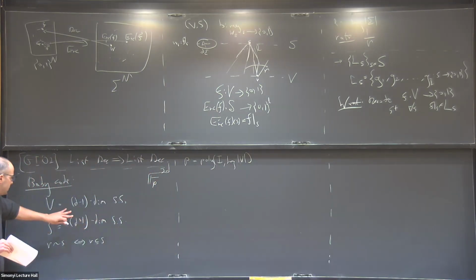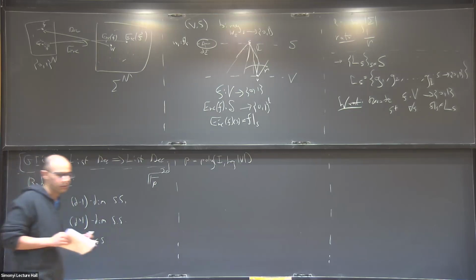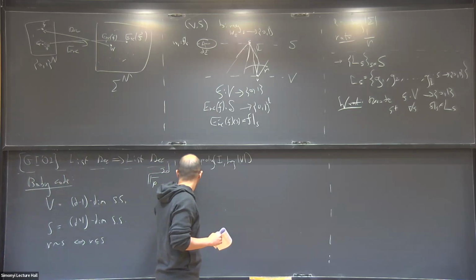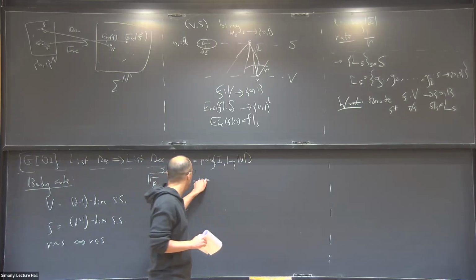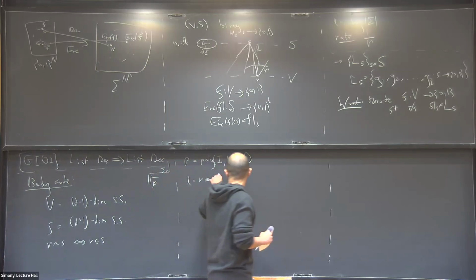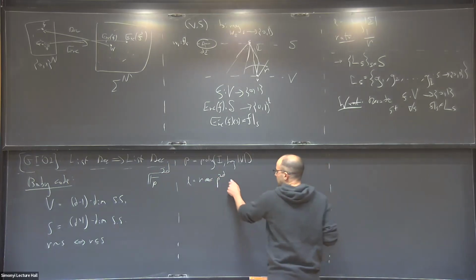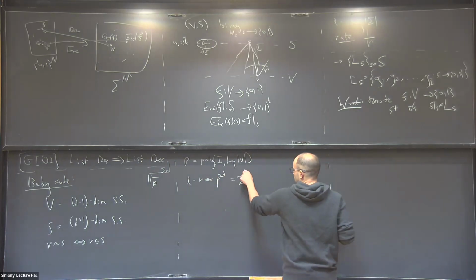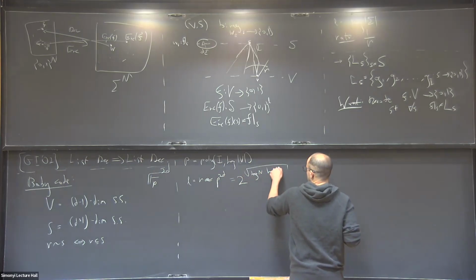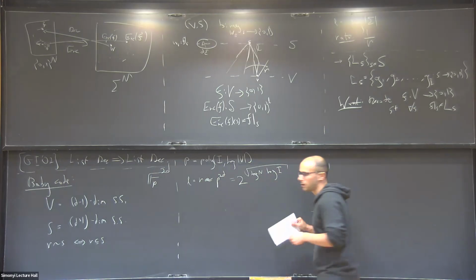In fact, it's isomorphic to itself when you flip it, taking S to be V and vice versa. And L, which is equal to R, is roughly P to the 2D. And if you take P like this, it will look like 2 to the square root of log n log I, or something like that.